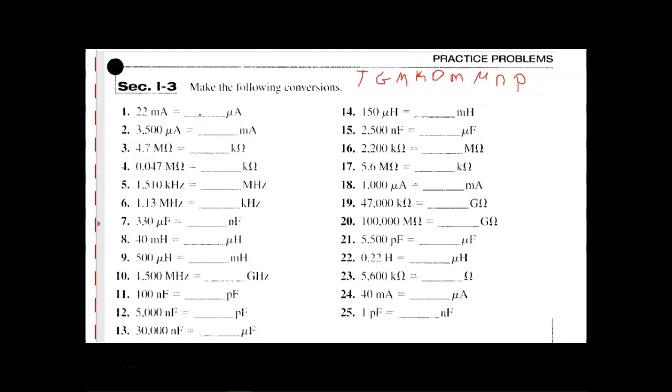So what kind of difference will that make in my number? It's going to be a bigger number. So what I should end up with eventually is 22,000. Does everybody see that?